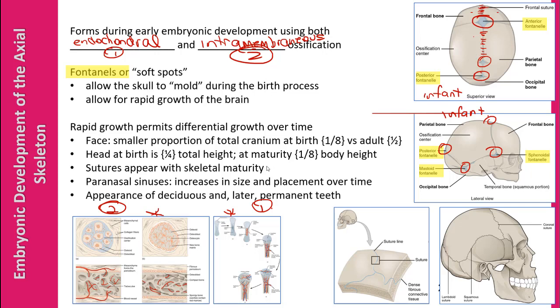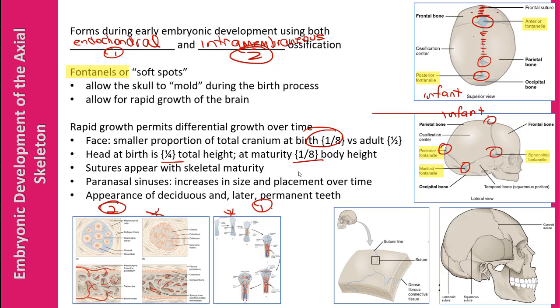Because if you look at it, when the baby's born, the cranium forms a very small proportion in terms of the adult cranium. So head at birth is a quarter of the total height versus an eighth of the total body height at maturity.